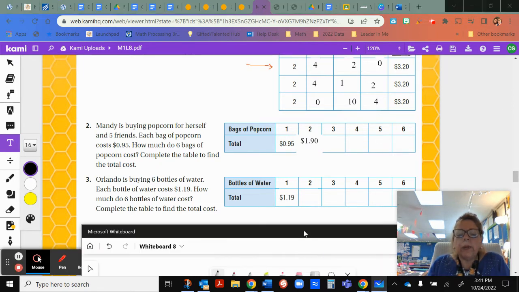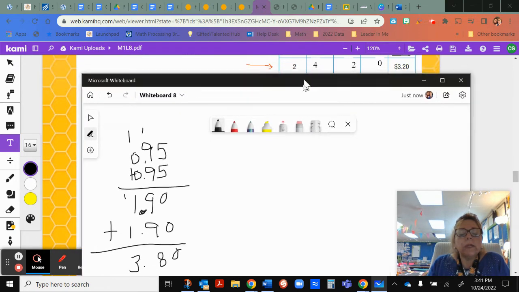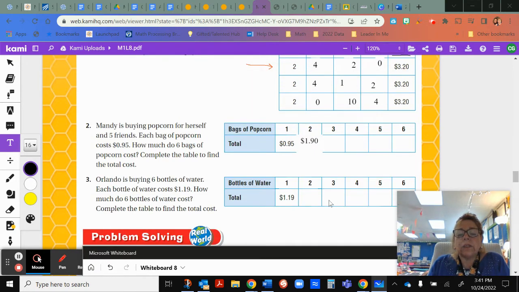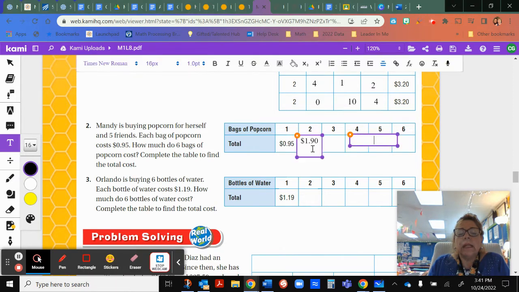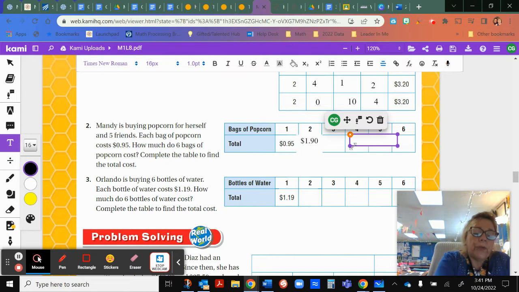Okay, let me get my whiteboard out. So 4 is $3.80 because I doubled up. See what I did? And I'll show you, I'm going step by step. So I have $3.80.